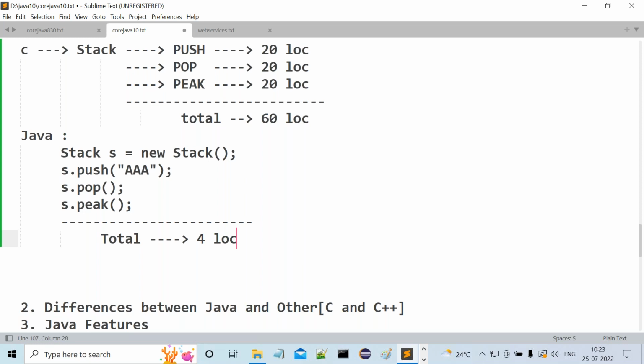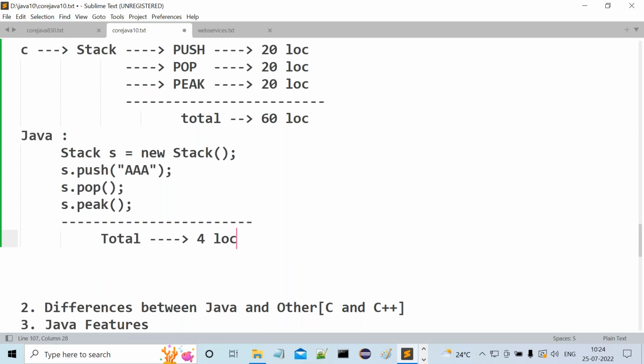If any programming language takes a less number of instructions to implement a particular requirement, then that programming language is called a tight coded programming language.